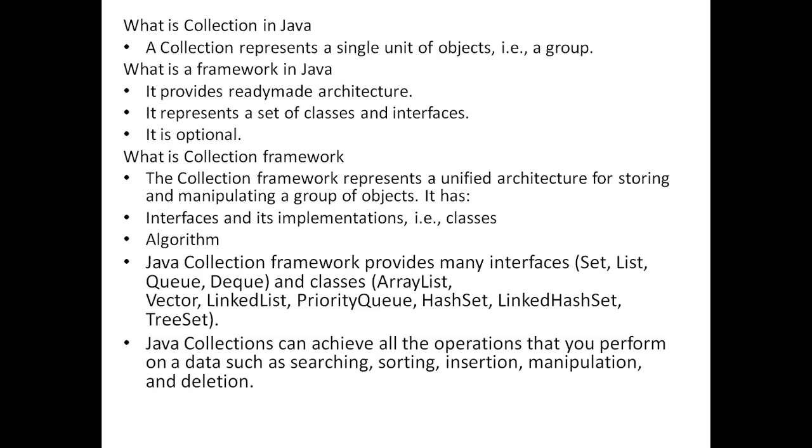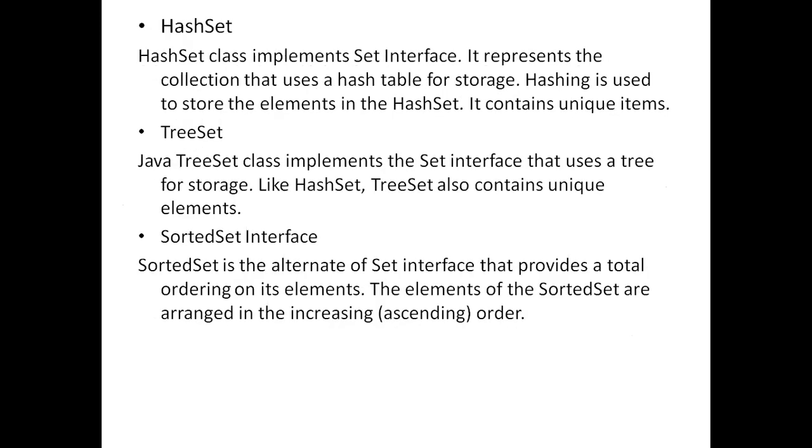The Java collection framework provides many interfaces like list, queue, deque, and different classes like array list, vector, linked list, priority queue, hash set, linked hash set, and tree set also. In a Java collection, we can achieve all the operations you perform on data, such as searching, sorting, insertion, manipulation, and deletion.